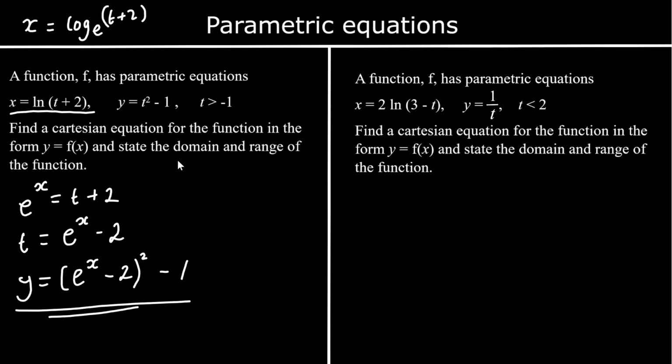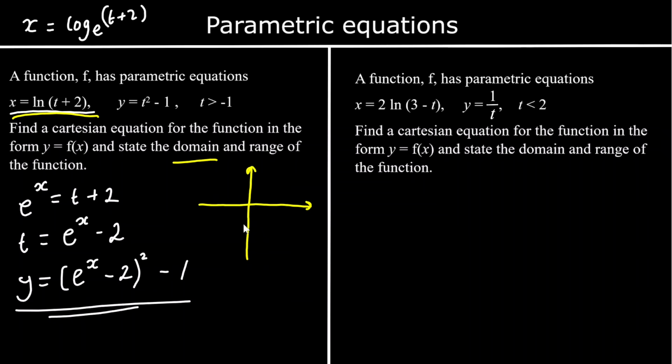The domain is what x can be. So if t is negative 1, we get log 1, which is 0. And as we increase t, our log is going to get bigger. So on a graph, our natural log looks like this usually, but we're shifting it 2 spaces to the left.